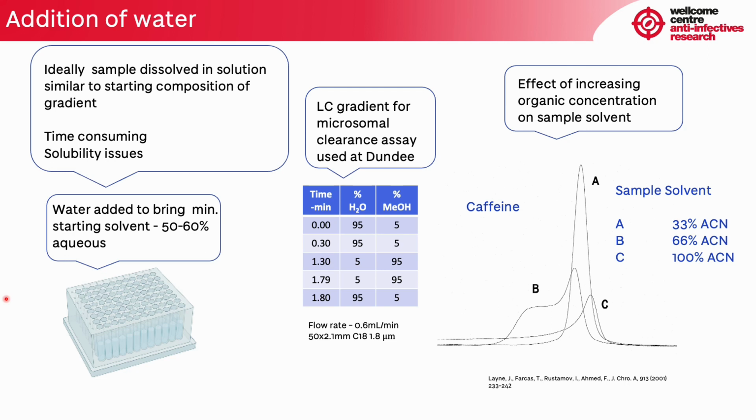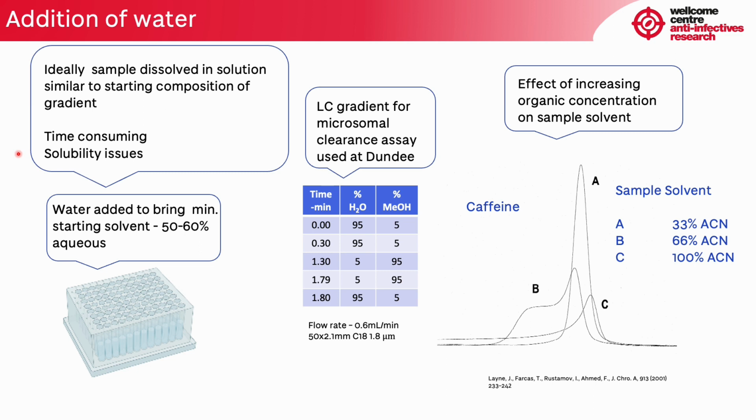But to do so would require samples to be dried and reconstituted, not only time-consuming, but would also certainly lead to solubility problems. As a compromise, water is added to give a solution which is 50 to 60% aqueous.